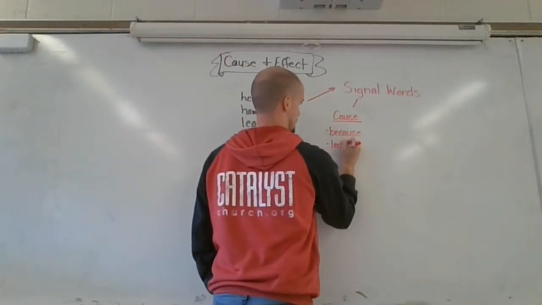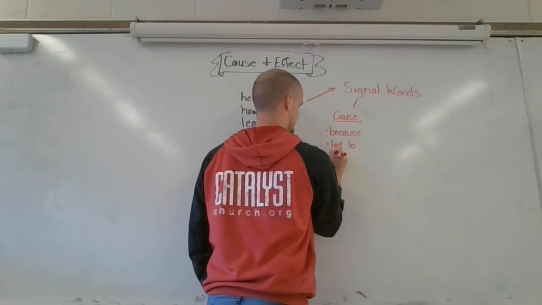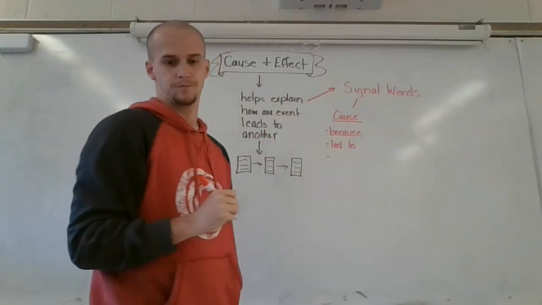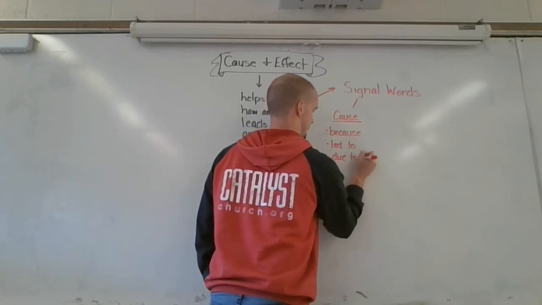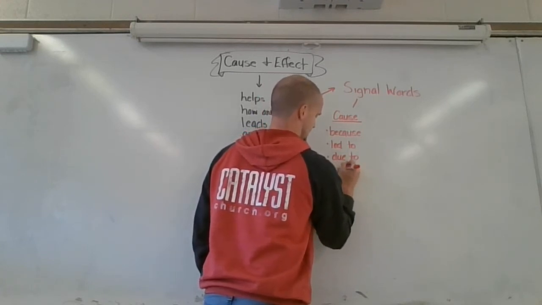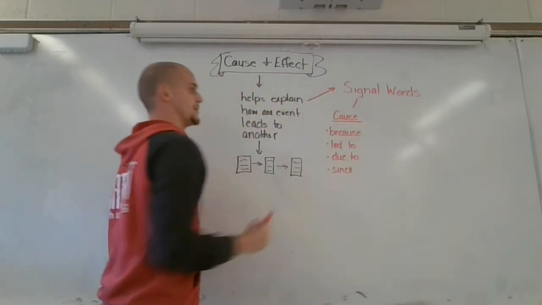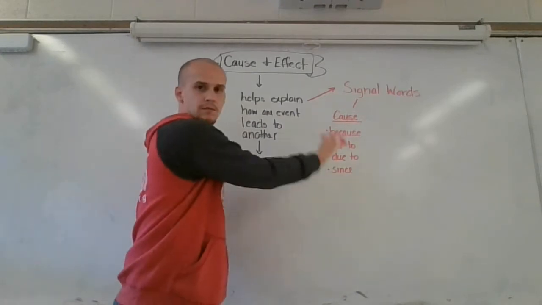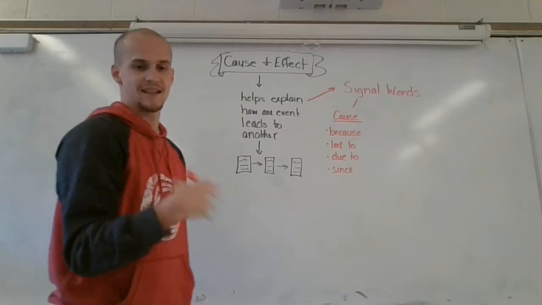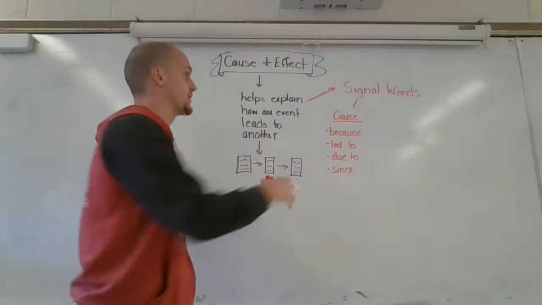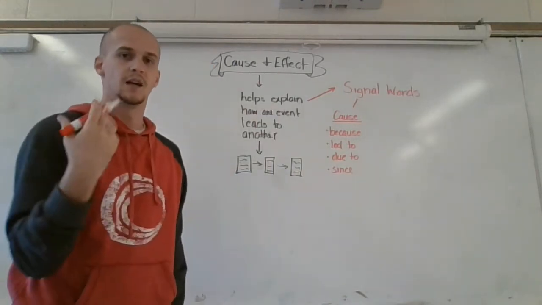This led to. The this is the cause. Or due to. Or since this happened, that happened. These are all, and there's more, but these are just your common signal words that signify cause, which means you're more than likely looking at the cause and effect text structure.